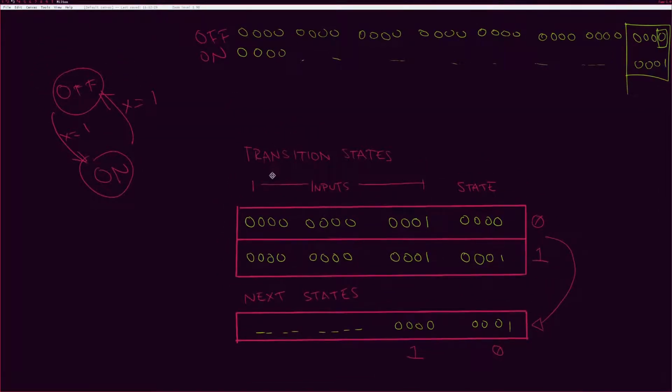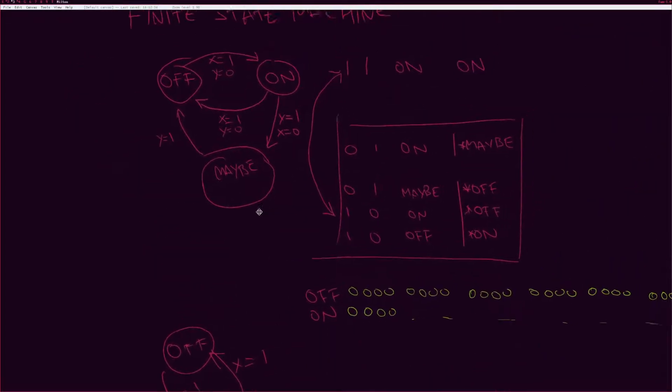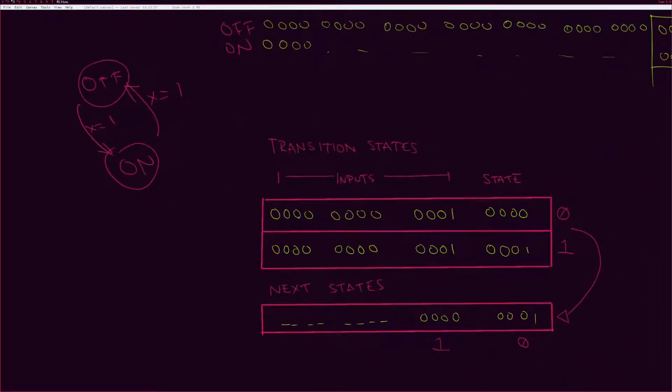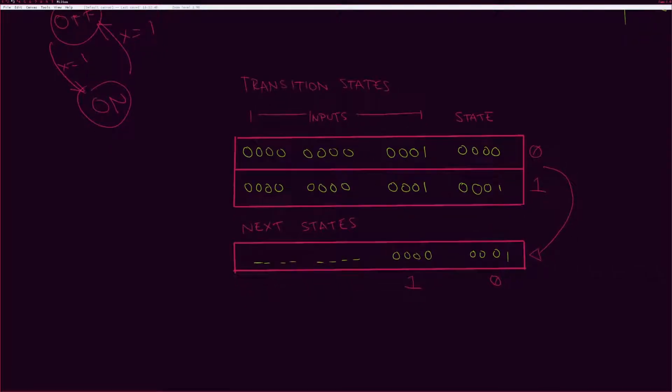Now the way this works is, well, this is basically the table that I showed you before, except for this simple machine, right? And it's only got the 2 transitions that actually change the state. So here we can see the X input is 1, the state is 0.